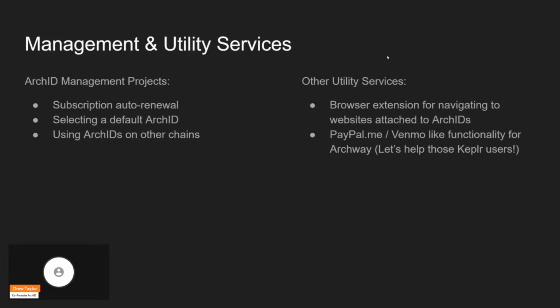One of those modules is the CW callbacks module. This allows you to have, if anyone has worked in Web 2 and knows what a cron job is, it's like a scheduler that allows you to perform some sort of computational logic at a future date.